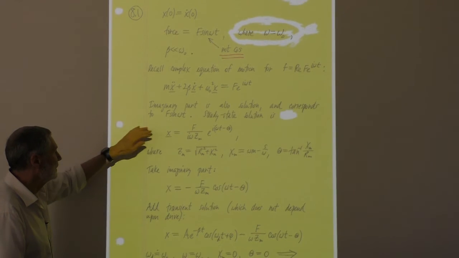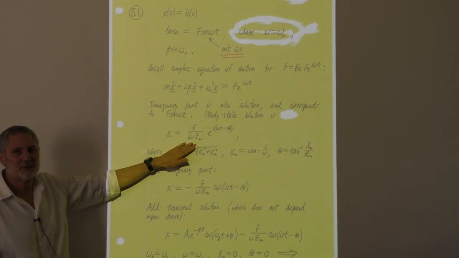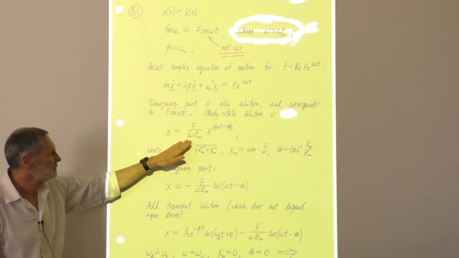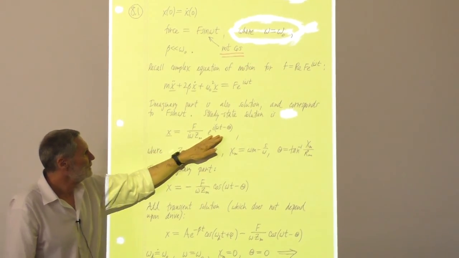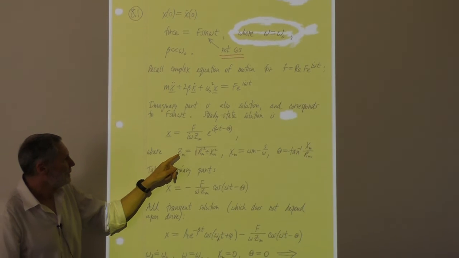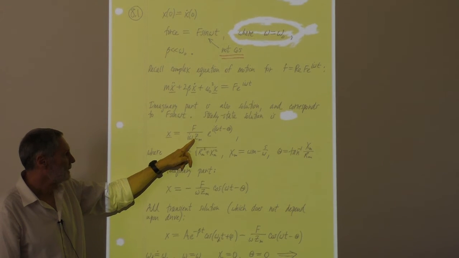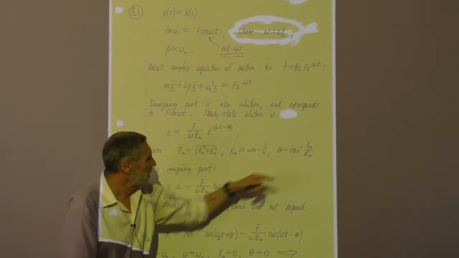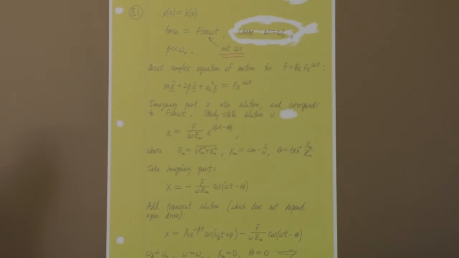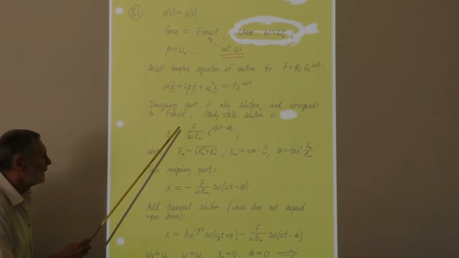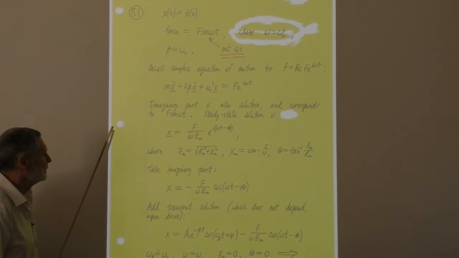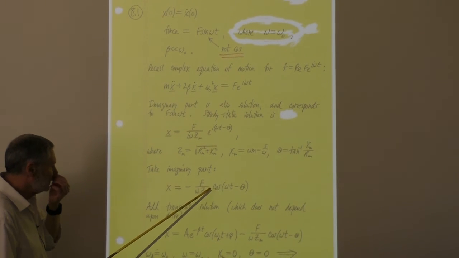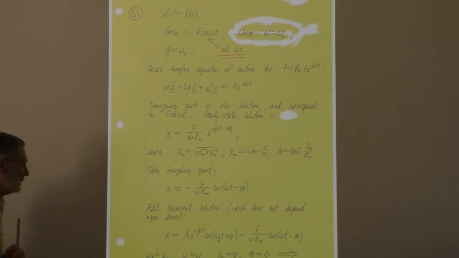We did precisely this, so you can look back. This is the complex x. And remember, the magnitude of the impedance is given by this, where here's the reactance, and the phase angle is given by that. Remember that? So now, instead of taking the real part like we did before, we take the imaginary part. And you can see here I've got an i here, so it's going to end up involving the cosine omega t.